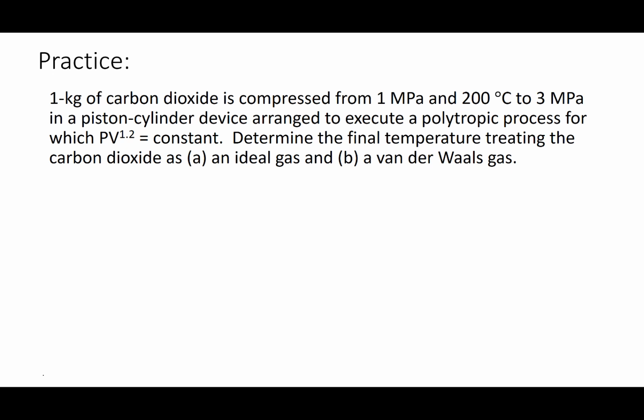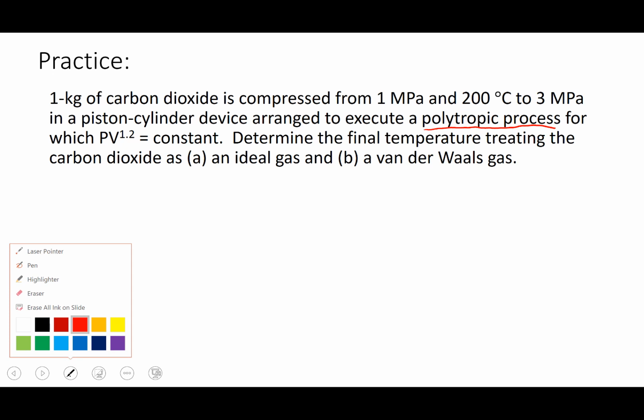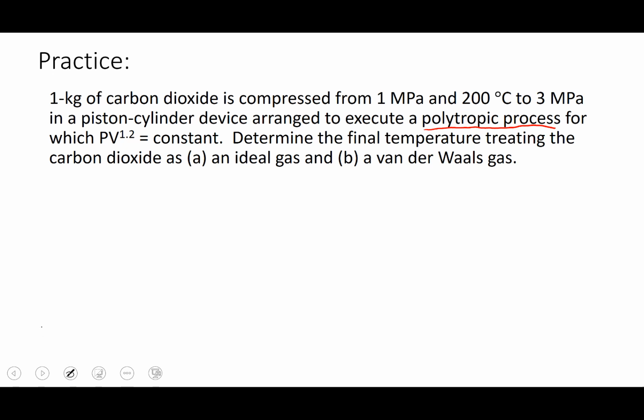So first of all, let me just talk about this polytropic process. I made a video on the polytropic process, so go back and watch that if you want more information.